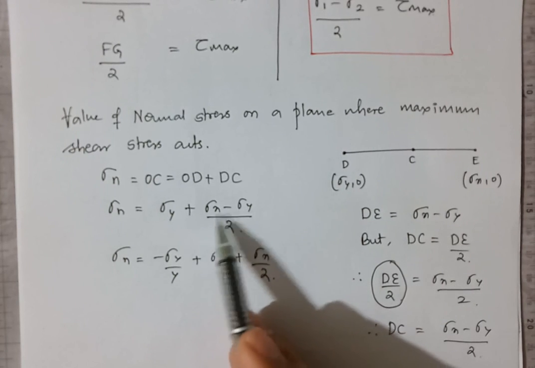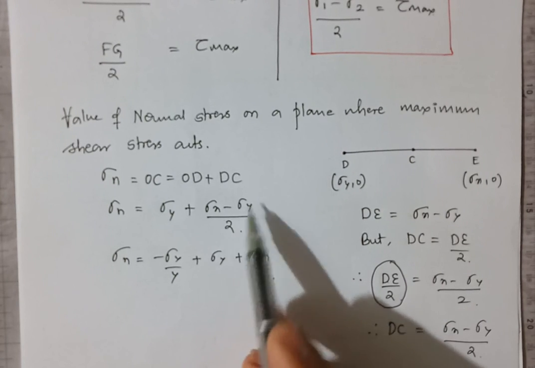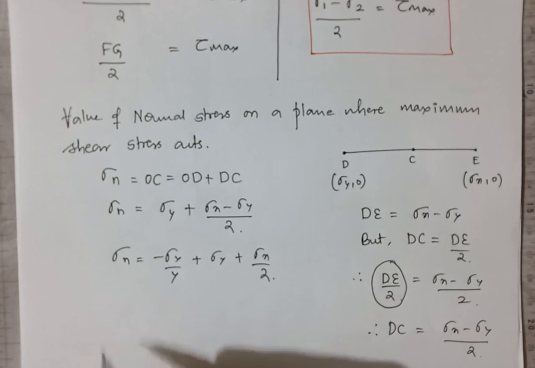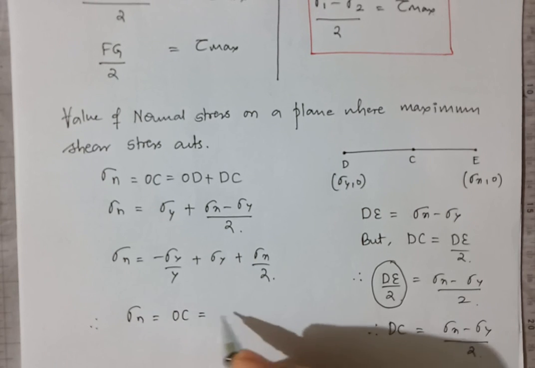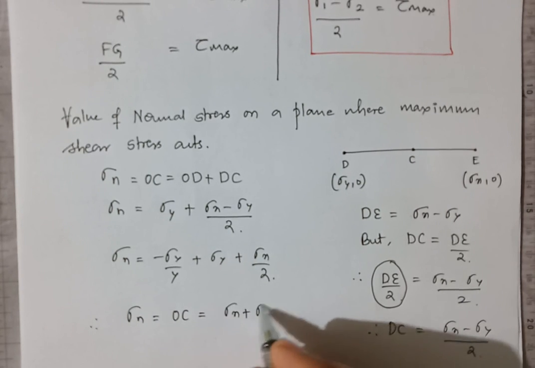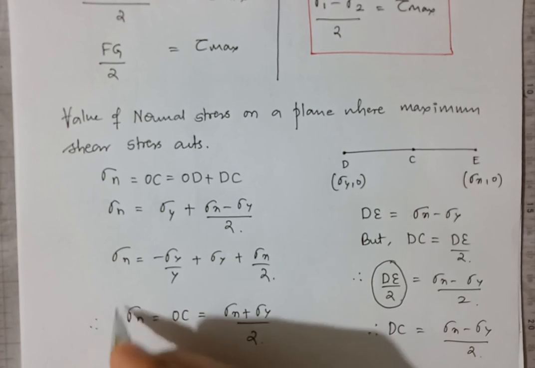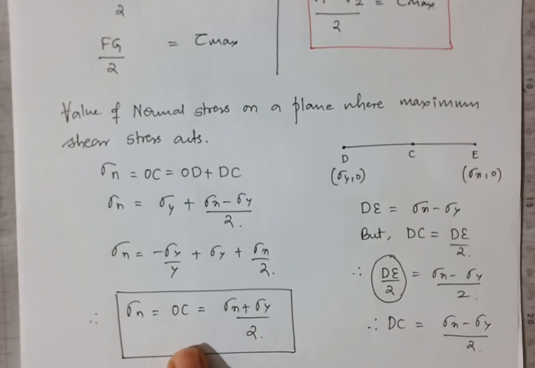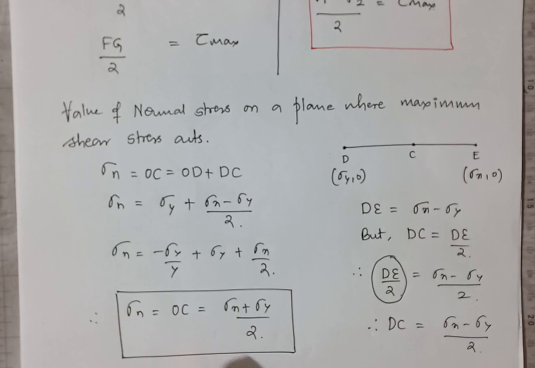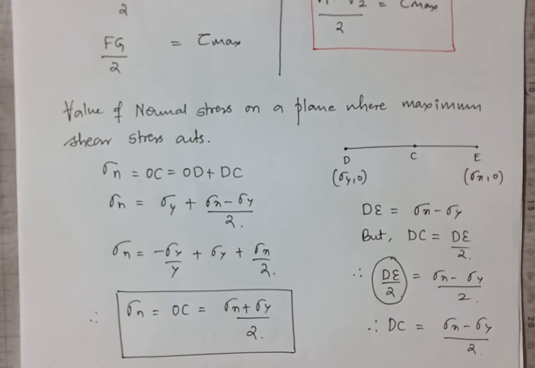Right? It is a minus b by c, so it is a by c minus b by c. So as a result, sigma n is equal to OC is equal to sigma x plus sigma y divided by 2. So this is the expression for normal stress on a plane on which maximum shear stress acts.